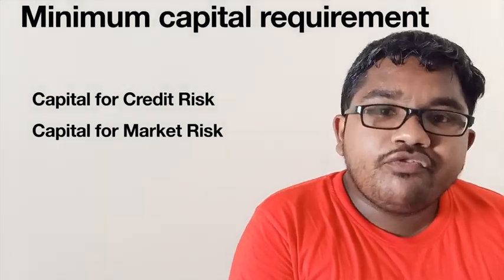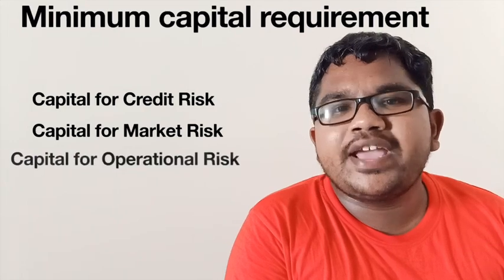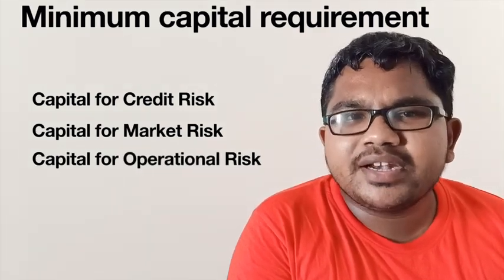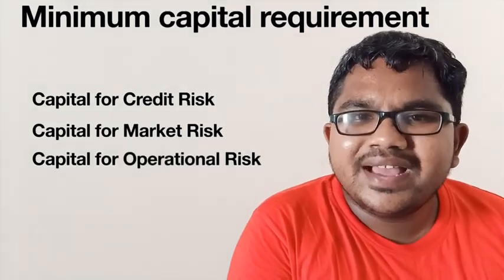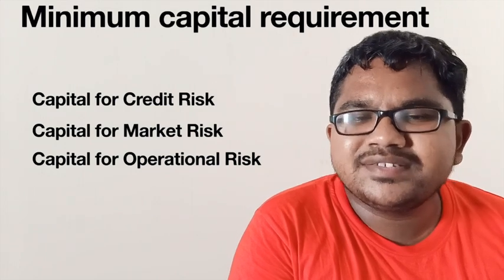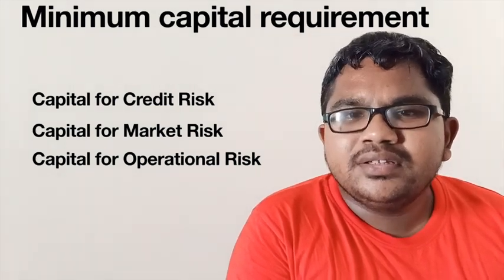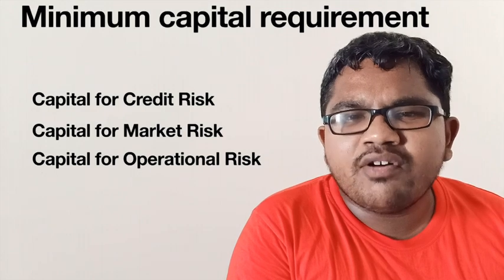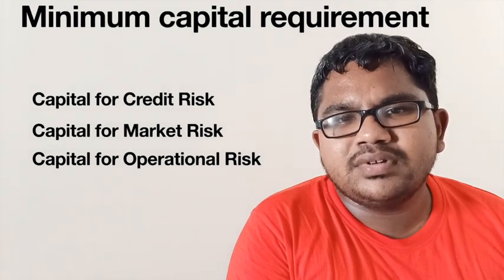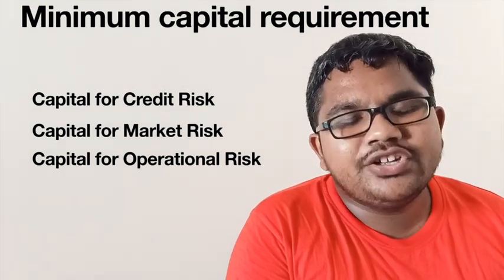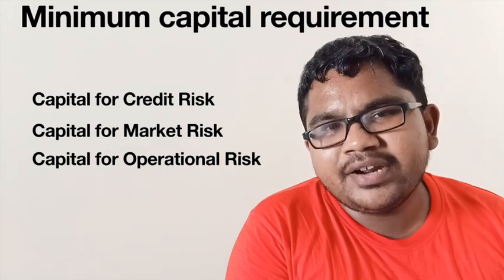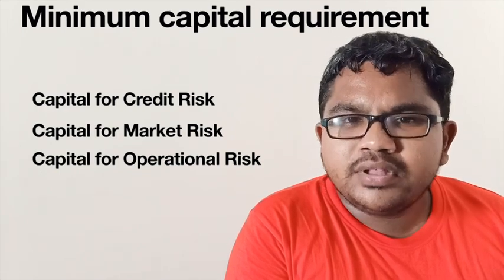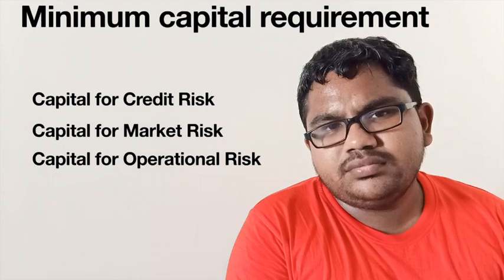So, if you are in a position to calculate the minimum capital requirement for credit risk, operational risk, and market risk, then by summing all these capital charges, you will get the minimum capital requirement for a bank. This is the first pillar.